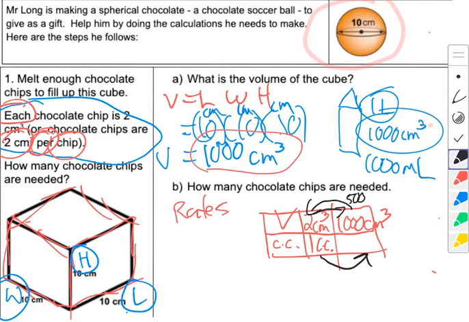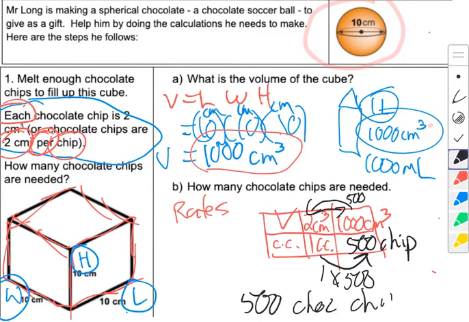I think I would multiply, so it's 1 times 500, so that's 500. So I would need 500 chocolate chips. But again, if you can just do that intuitively and do 1,000 divided by 2 is 500, that's fine as well. You use the ratio tables if you're not sure what to do. As soon as you see a rate or a ratio, you can use that ratio table.